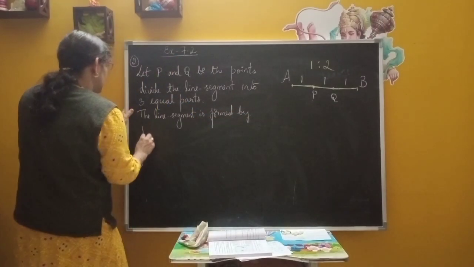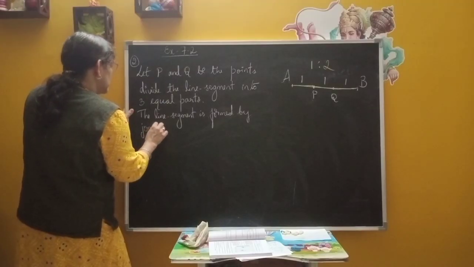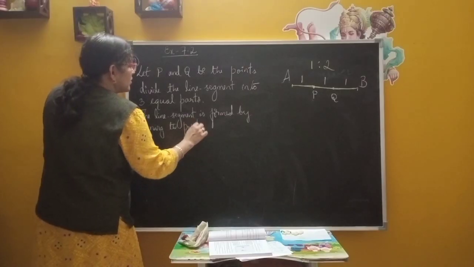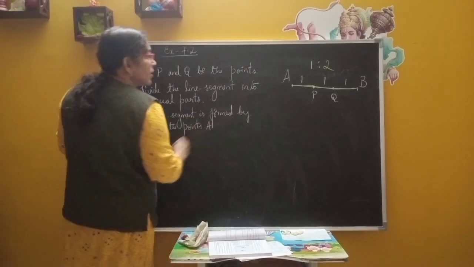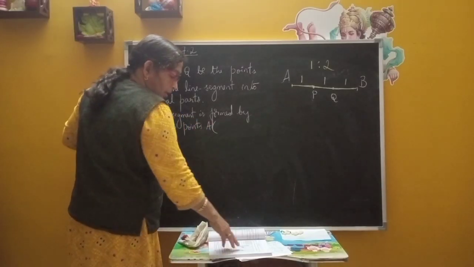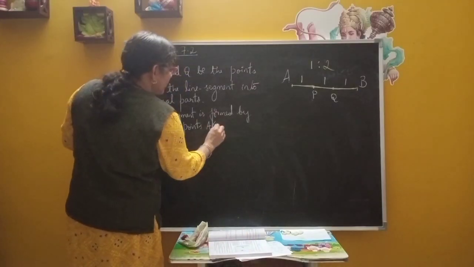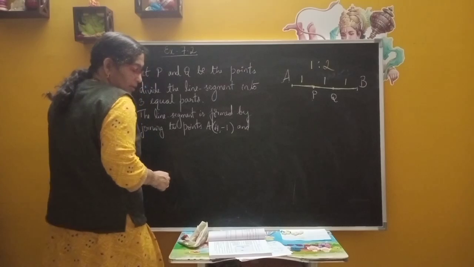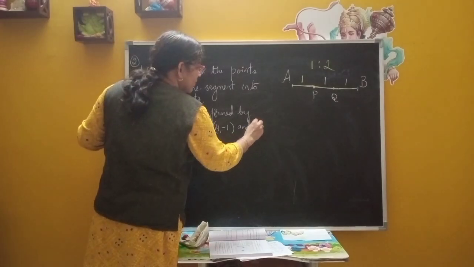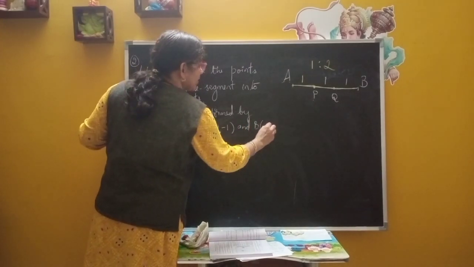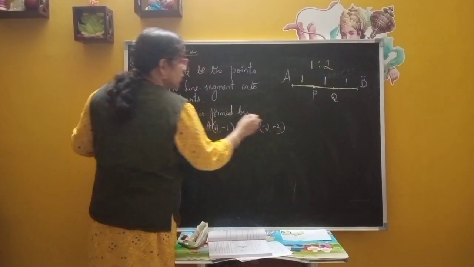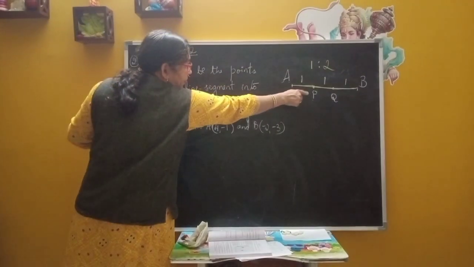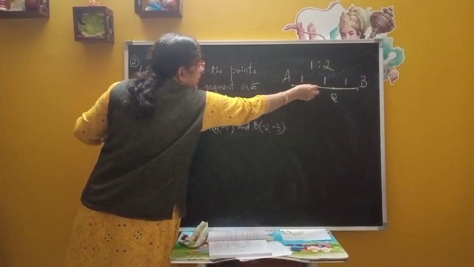By joining the points A (4, -1), and B, let us assume the second point as B (-2, -3). Okay, (-2, -3). So now let us find the coordinates of the point P.